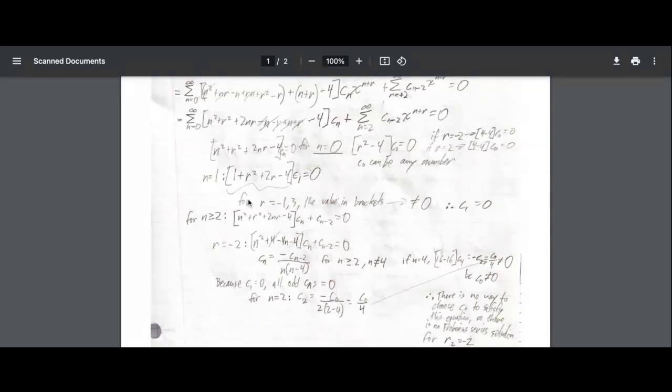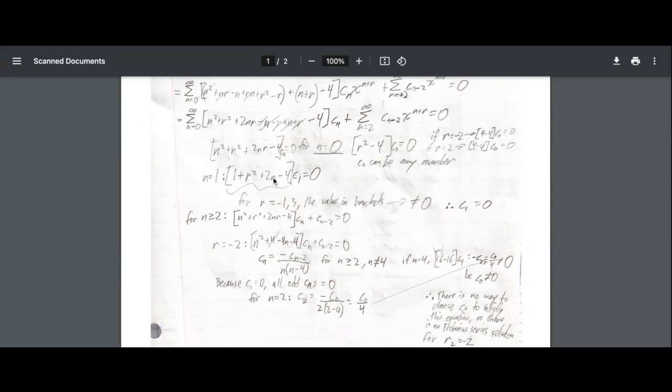And so we check n equals 1, and we get this thing. I wrote a bracket around it, and then c of 1 equals 0. And so when we check our r's, wrong r's. I don't know why I put in negative 1, 3. When we put in 2, yeah, it still works.